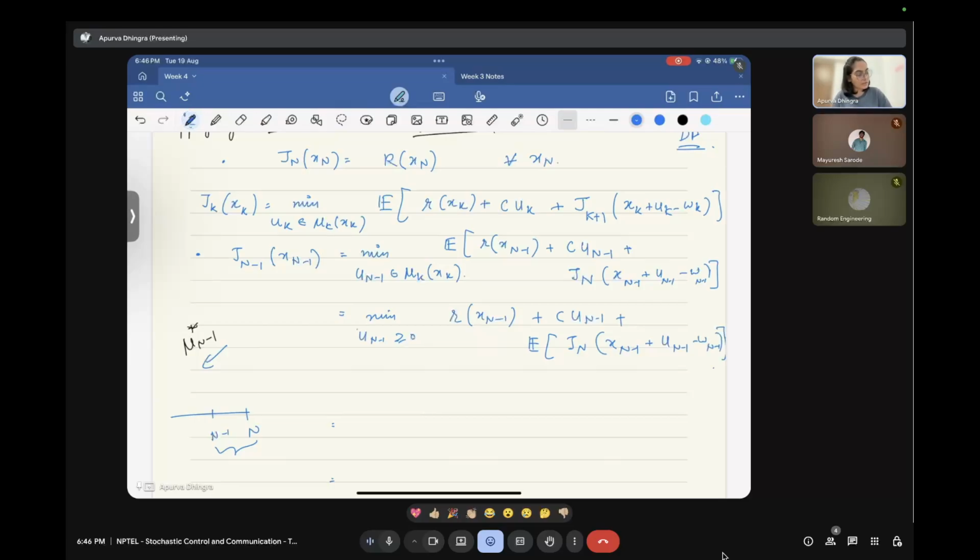And another thing to note over here is this x is something that we have taken to depend only on the states, and we have not taken it to have any dependence on the actions that were taken. So technically this is not getting minimized at all.